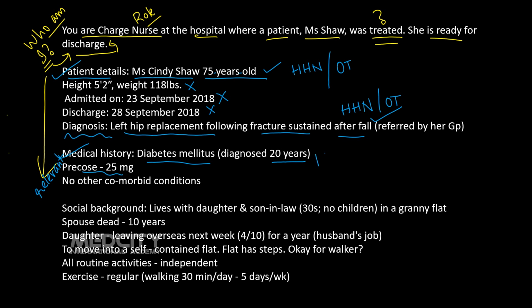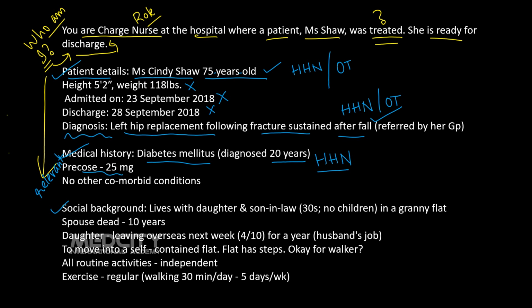So the home health nurse will need to know, but the occupational therapist need not be aware of the medical history. So can you see the change begins? Medical history is for the home health nurse, but the occupational therapist need not know about the medical history of the patient.